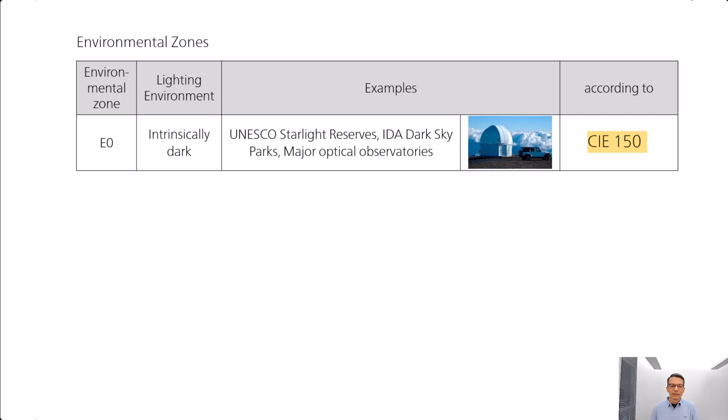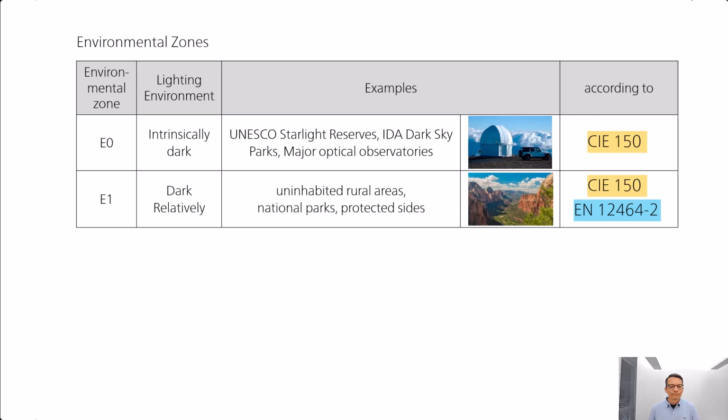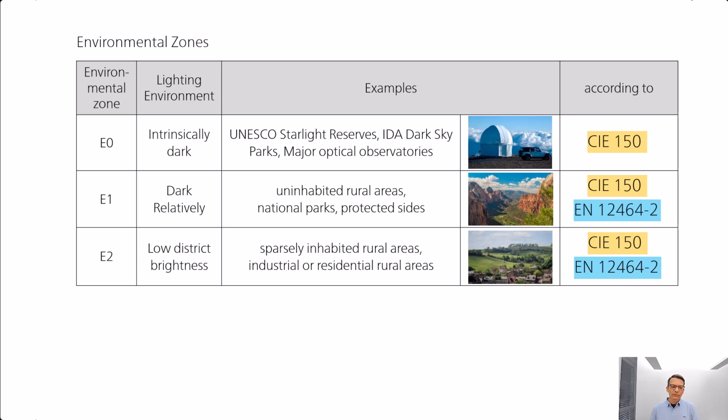The CIE and the EN categorize the requirements according to so-called environmental zones. First of all, we have the zone E0, which means intrinsically dark. This is relevant for starlight reserves or dark sky parks, and this is just mentioned in the CIE 150. Then E1, which means dark: relatively uninhabited rural areas, national parks and protected sites.